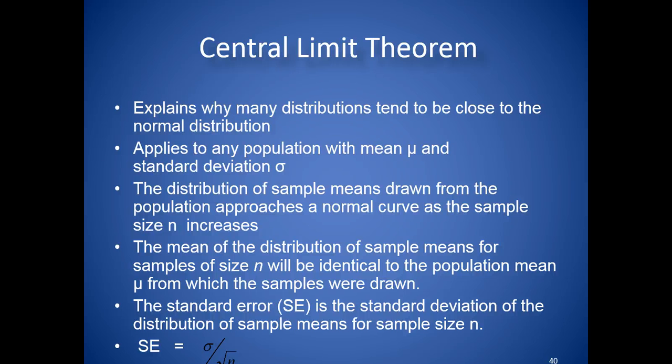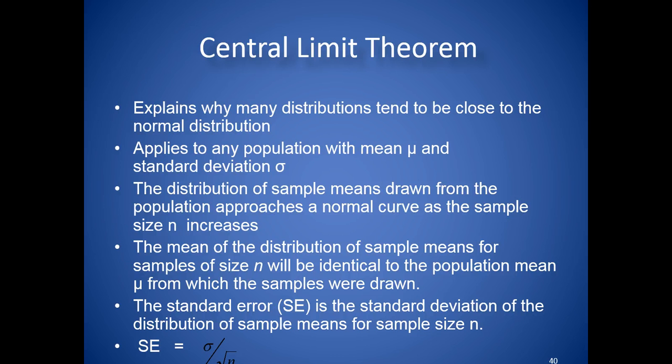That is why many distributions tend to be close to the normal distribution. This concept applies to any population with a mean and a standard deviation, just like IQ, your entrance exam, or the income of a city or a town.